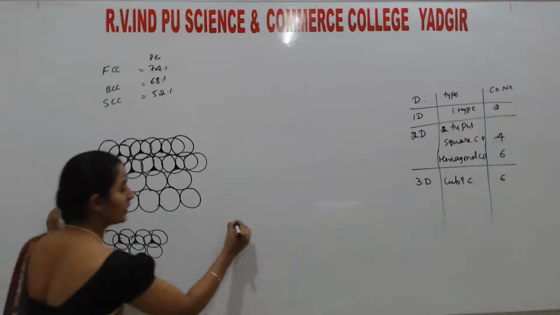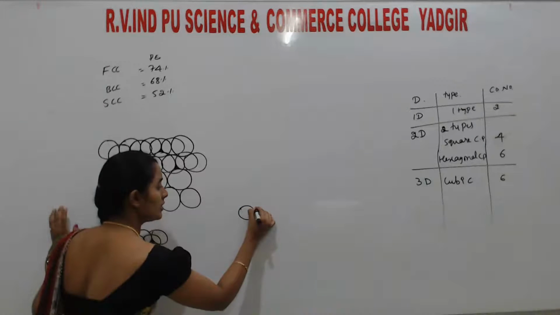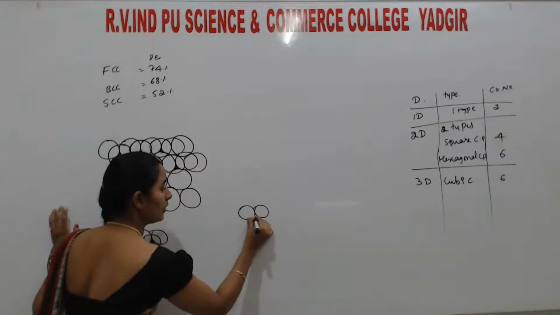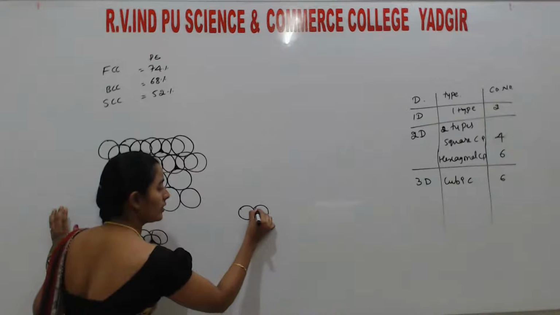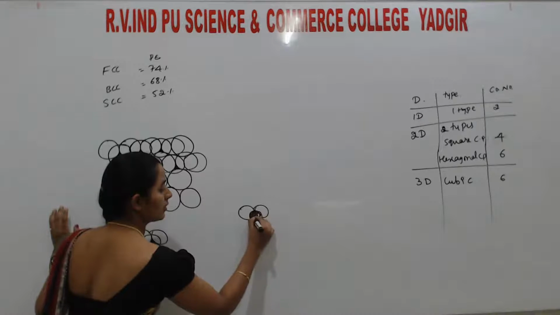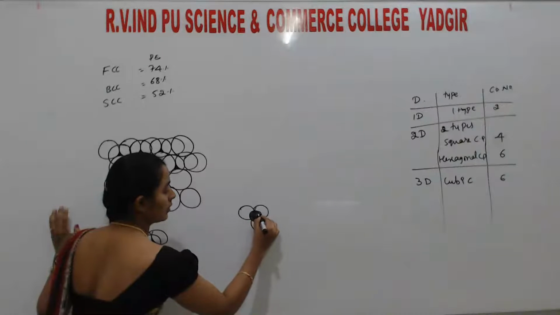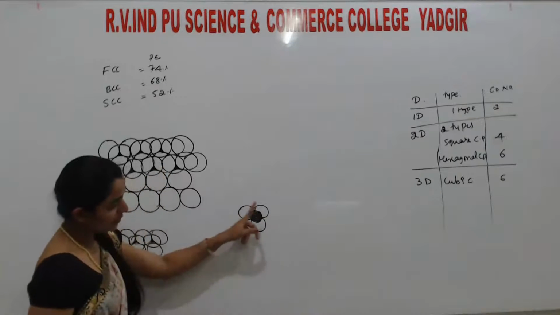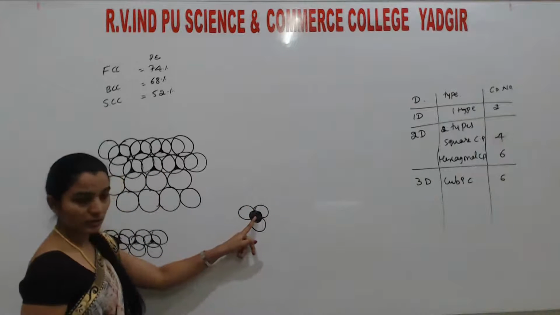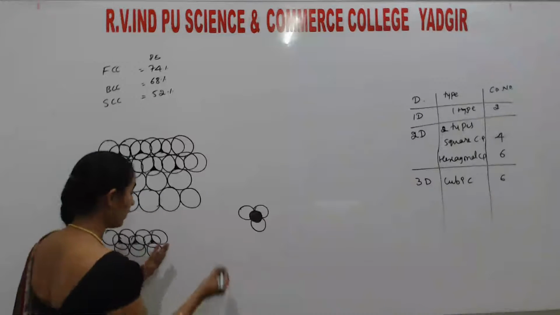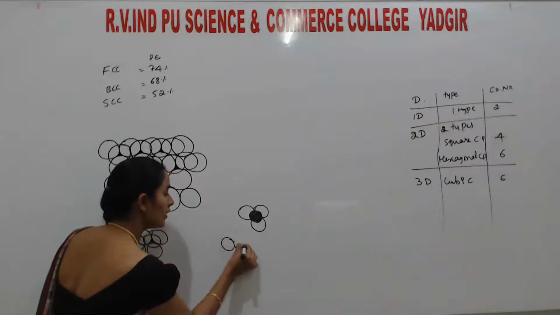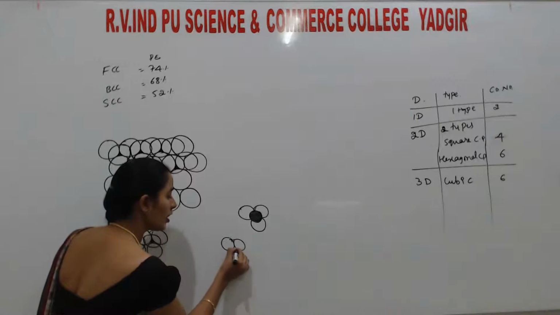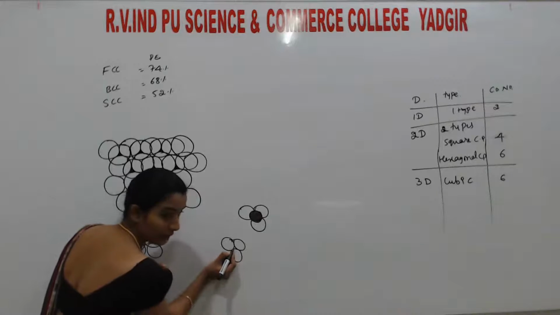The structure is like three spheres of one layer and one sphere of another layer. I will completely shade this. Okay, three spheres of one layer and one sphere of another layer. When the three spheres of the layer are joined, they create a void here, a gap.